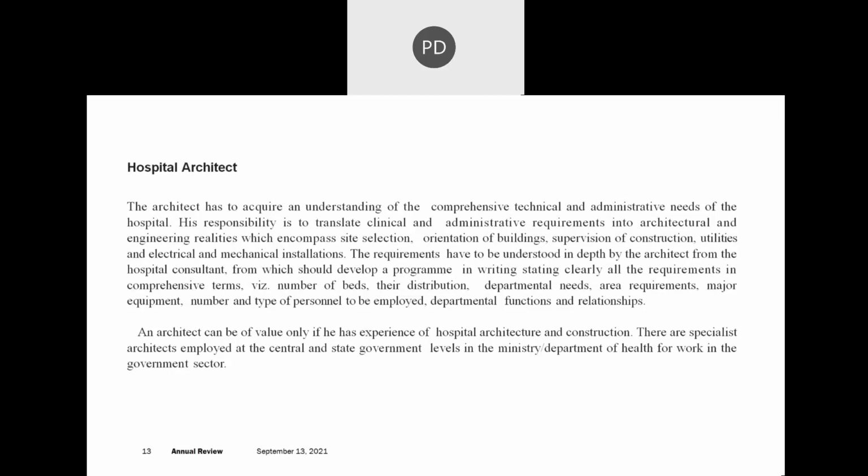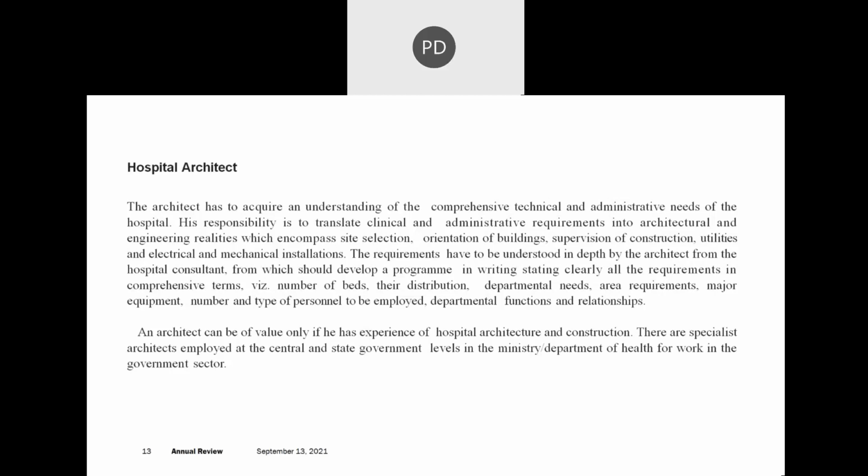So his responsibility is to translate clinical and administrative requirements into architectural and engineering realities, which encompasses the site selection and orientation of building, supervision of the construction, and utilities and electrical and mechanical installation.